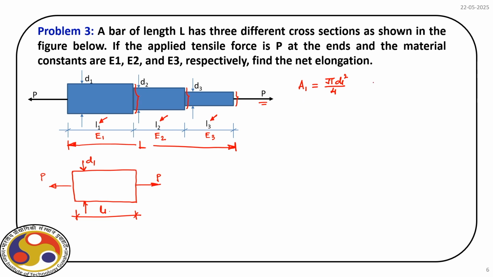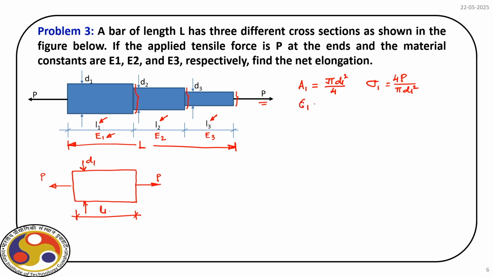Then we can find out sigma 1. Sigma 1 is equal to P by A, which is P over pi D1 square by 4; the 4 will go to the numerator. So, we have 4 P by pi D1 square. Now, once we define the stress, we know the material property, which is Young's modulus in this case.